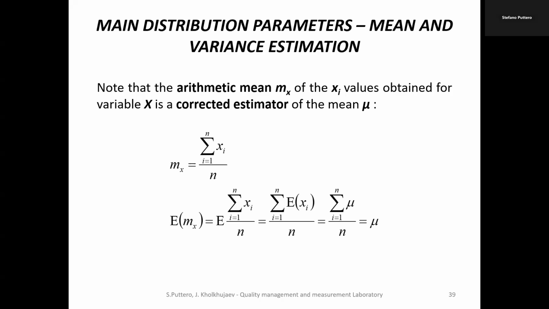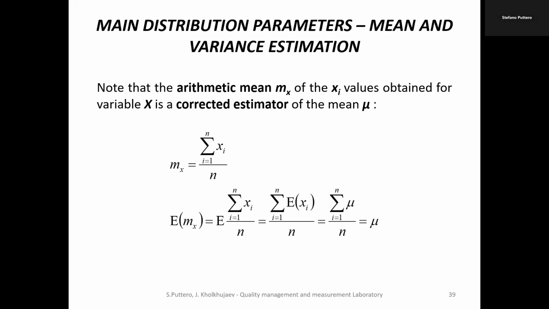Actually, I don't want to go into details of the next slides because there is a lot of mathematical stuff. But the important thing you need to remember is that a corrected estimator of the mean. What does it mean, corrected estimator? Corrected estimator means that the expected value of the estimator gives us the result that we are estimating.